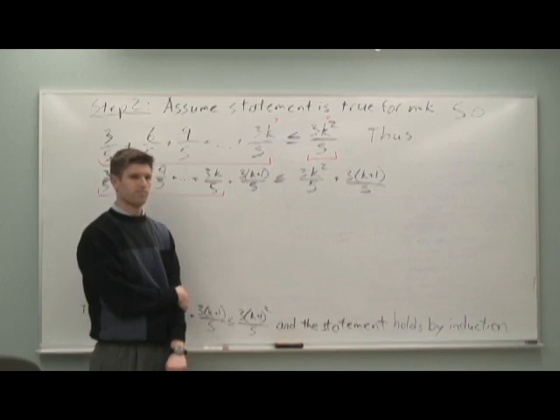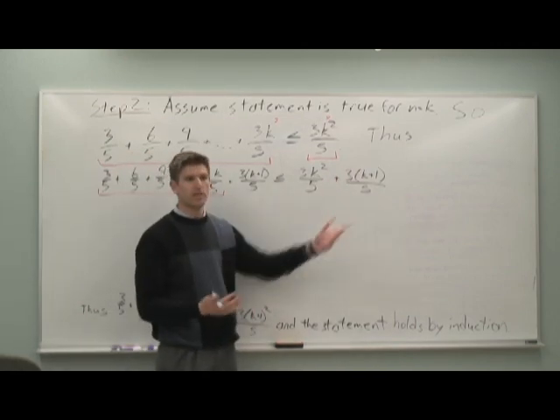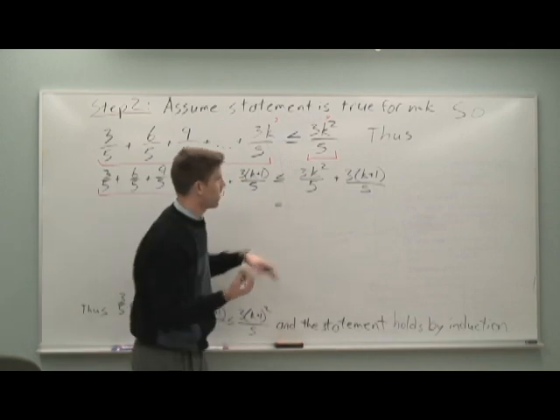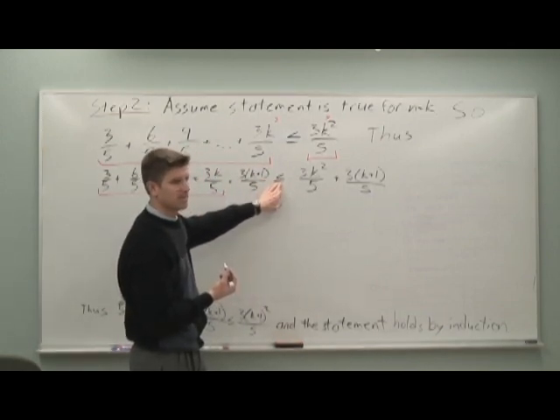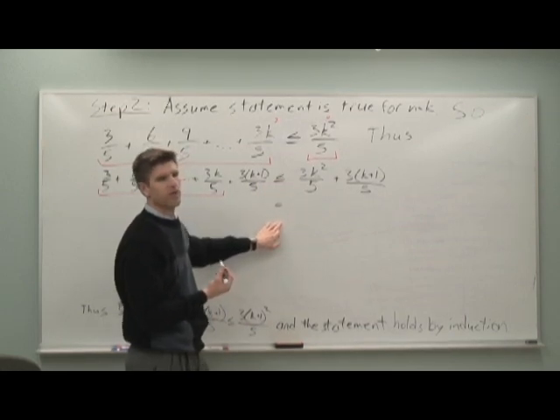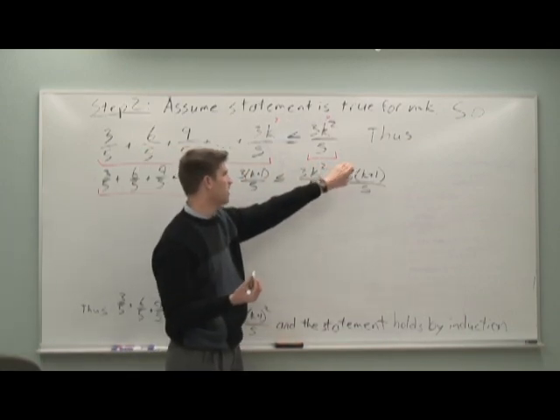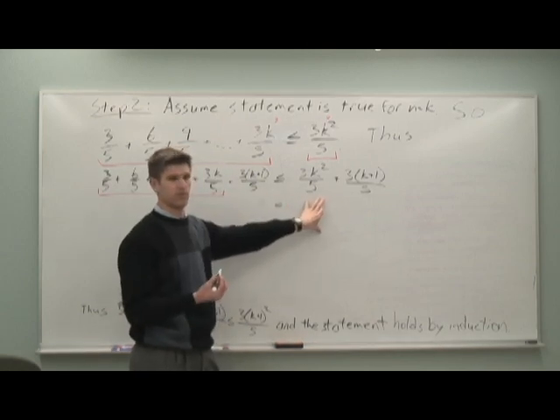Can you put them over the same denominator, since they have the same common denominator? Okay. If they didn't have the same, we'd get a common denominator. Because they do, I'll write an equal sign. Now, if you compose a less than or equal to with an equal to, notice what you get out is a less than or equal to. If I know this is less than or equal to this, and this equals that, I know this is less than or equal to that.